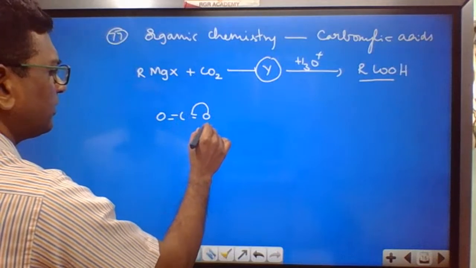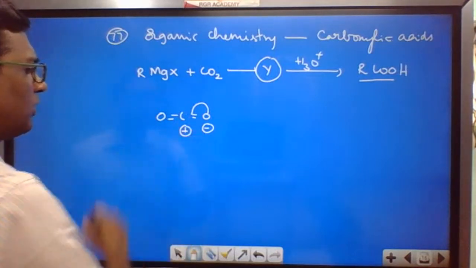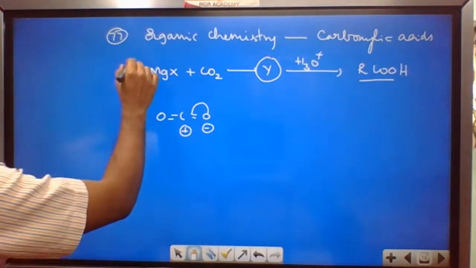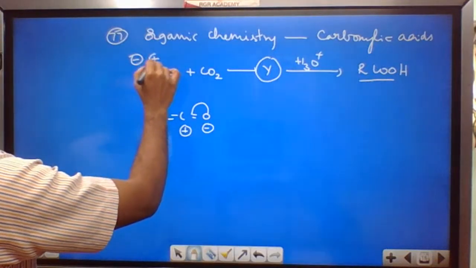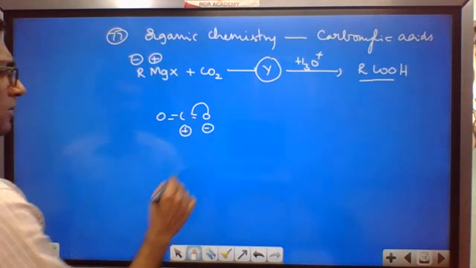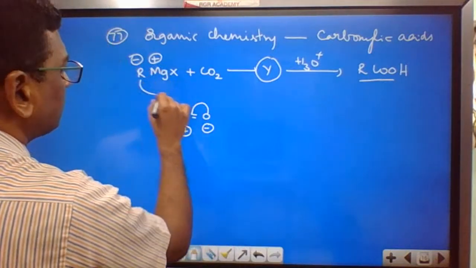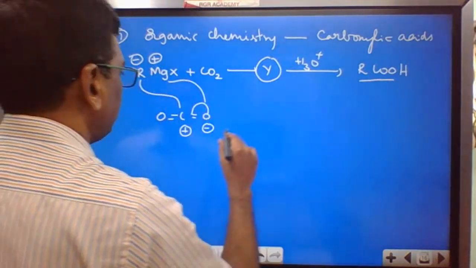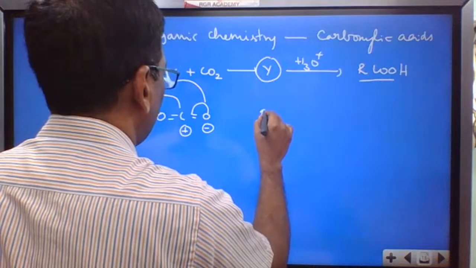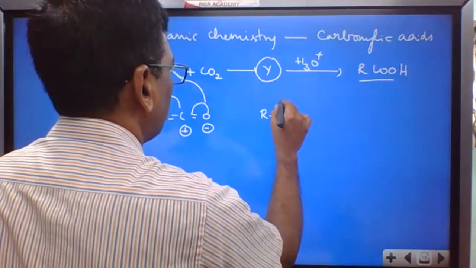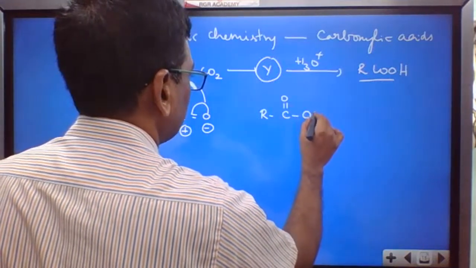One of the pi bonds is shifted to the oxygen, so it will get minus and plus. You know, Grignard reagent splits into R minus and MgX plus. So R adds on the plus, MgX adds on the minus, so that RC double bond O, OMgX.